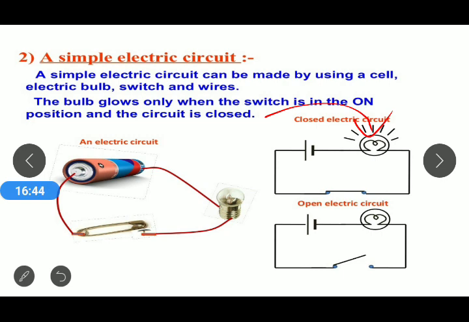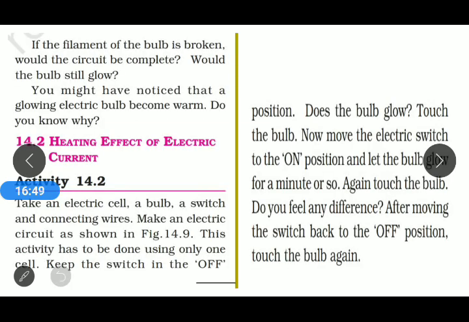So where does that warmness come from? That is the question that arises.